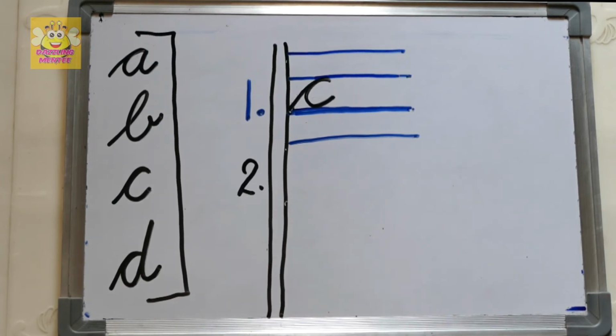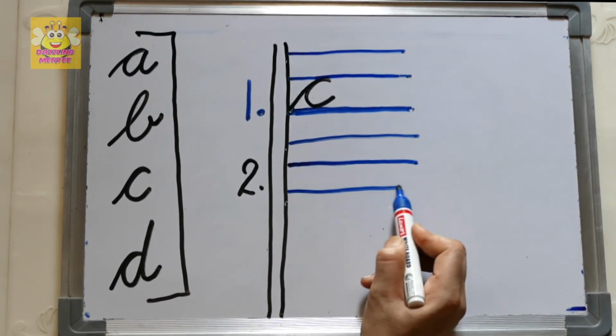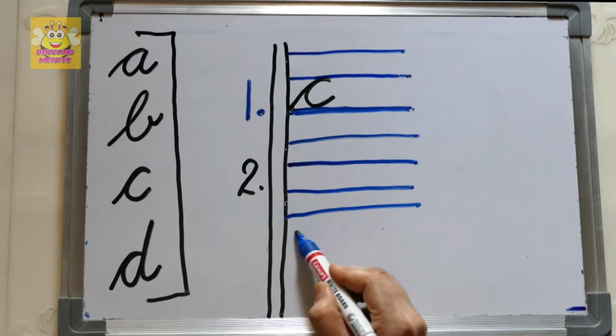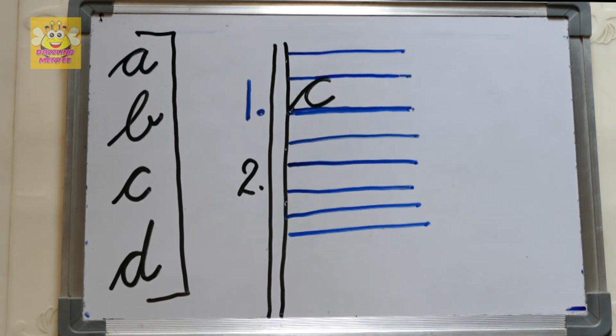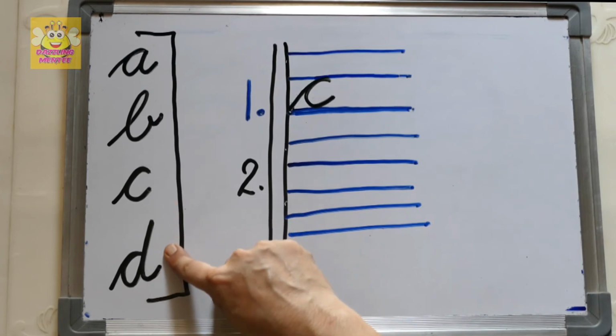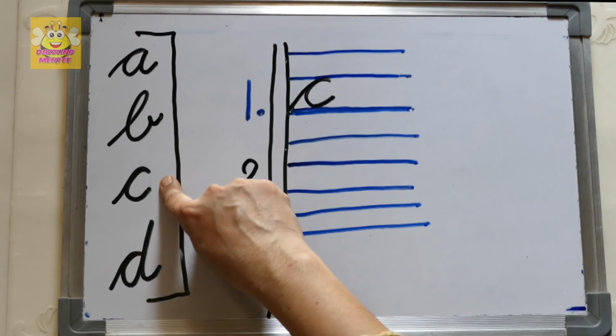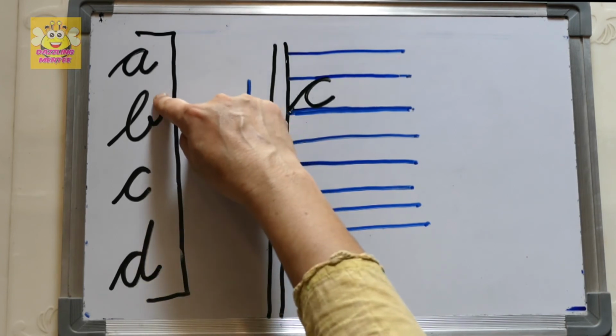Now next, mama will say, baby, write down A. Now what will the child do? The child will search the alphabets. Mama will say, baby, is it A? Baby will say, no mama. Is it A? No mama. Is it A?